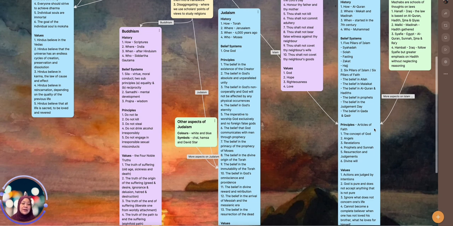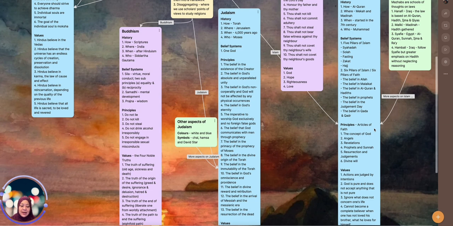So if you look very carefully at the articles of faith, which are the principles, and the 6 pillars of Islam or 6 pillars of faith, which are the belief system, some of them look very similar in terms of the sequence.